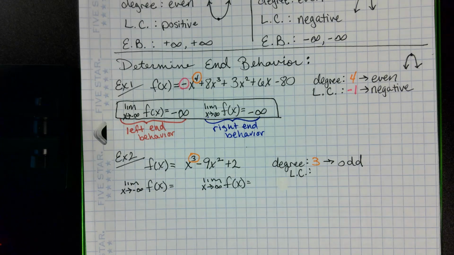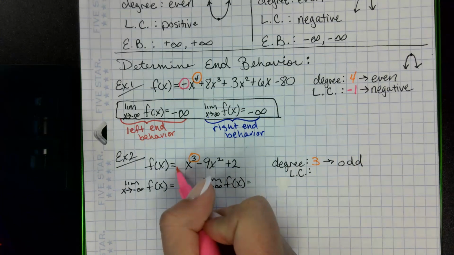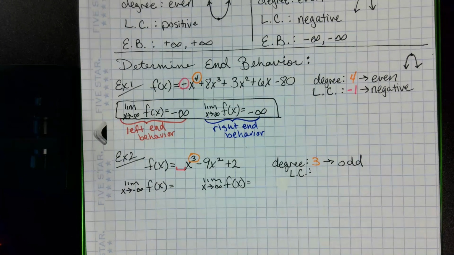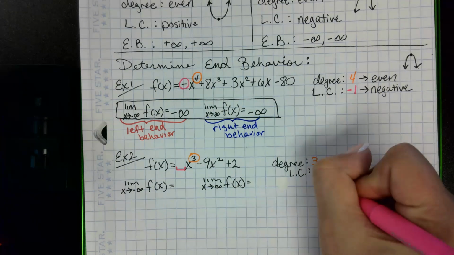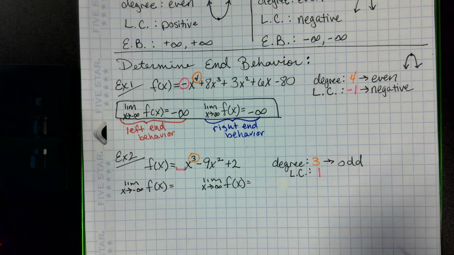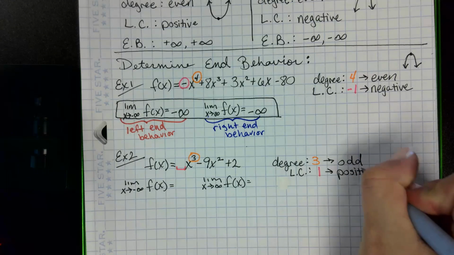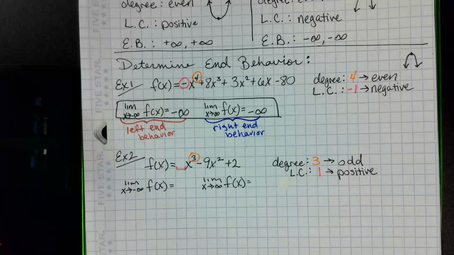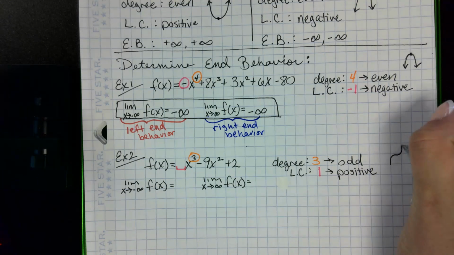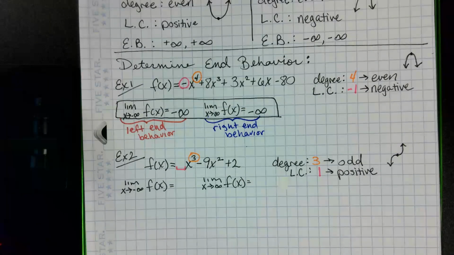So then I need to see, is it positive or negative? So I look at the coefficient in front of x. There's nothing there. So if there's nothing there, that's an understood 1, that invisible 1. That is positive. So I have odd positive. That is up to the right. So it looks like that.